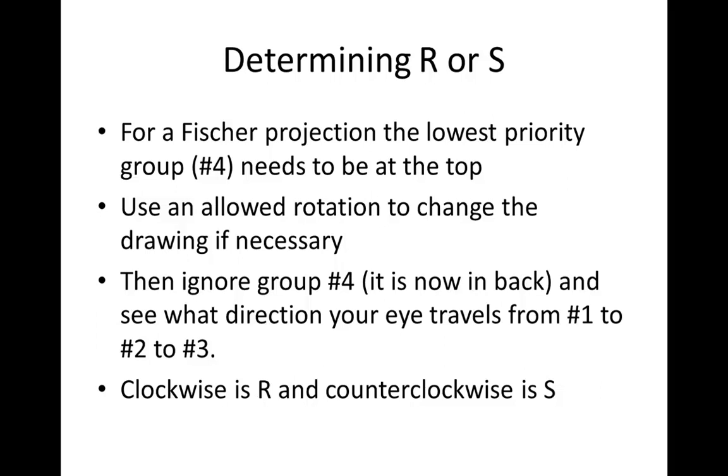Remember that it's on the vertical line, so it's behind the plane of the paper. You imagine that you're holding onto that group, and then you let your eye travel from priority groups 1 to 2 to 3 and decide whether your eye is traveling clockwise or counterclockwise. If clockwise, it would be R, and if counterclockwise, it would be S.